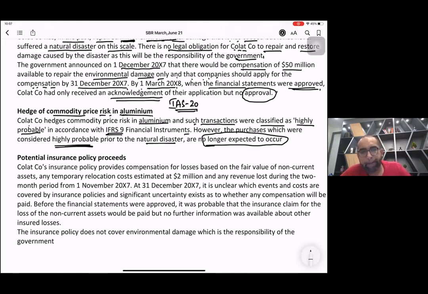First of all, can you tell me which hedge is this for highly probable forecast transaction? Which hedge accounting do we do? Fair value hedge accounting or cash flow? Very good. Excellent. Cash flow hedge.